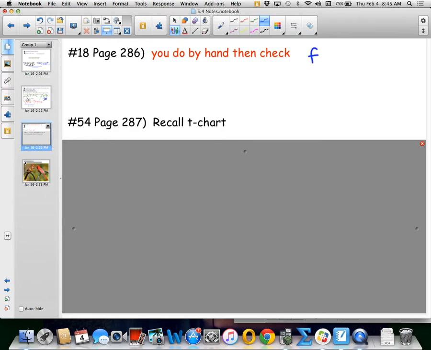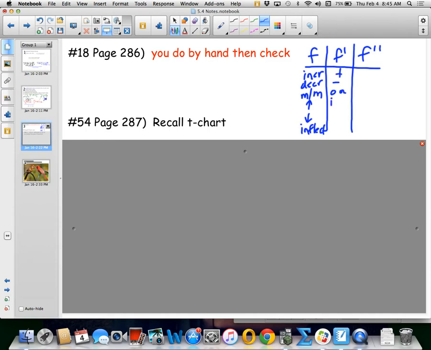We have F, F prime, F double prime, increasing, decreasing, max, min, concave up, concave down, inflection point. This goes plus, minus, 0, or does not exist, increasing, decreasing, max, min, plus, minus, 0.